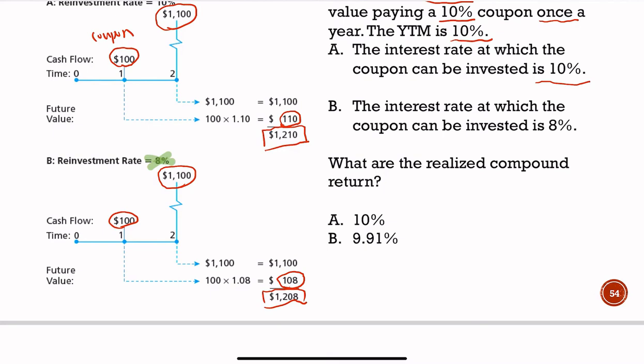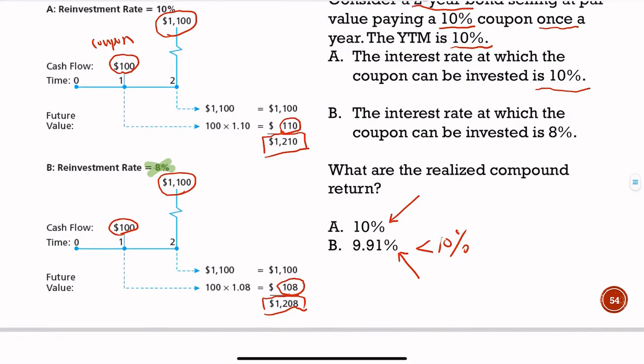To be more specific, in the first case, you will get 10%, which is the same as the yield, because in this case, the reinvestment rate is 10%. In the second case, your realized return is actually smaller than the yield. This is because your reinvestment return suffers. It is lower compared with 10% return. So in the end, you will only get 9.91%.